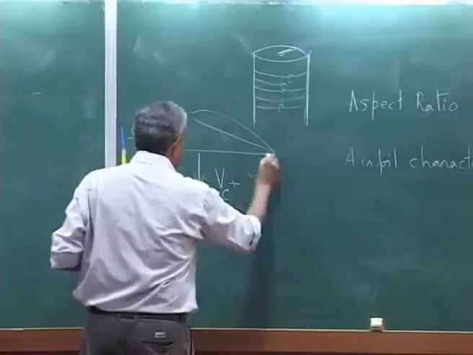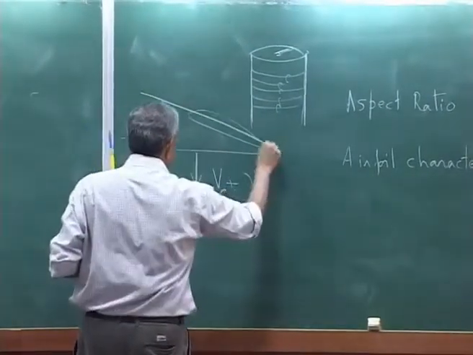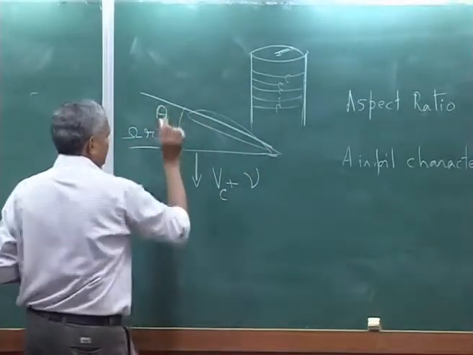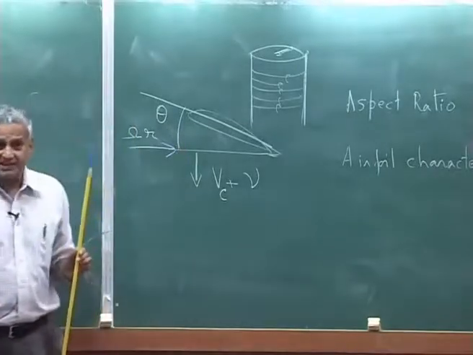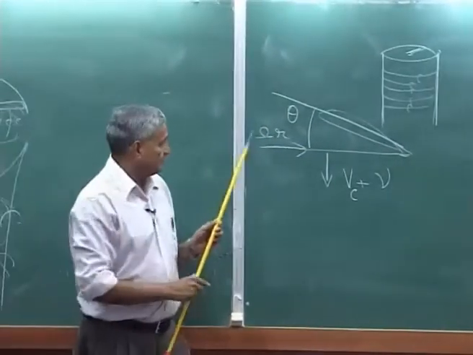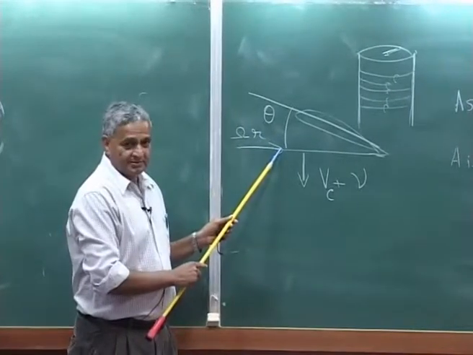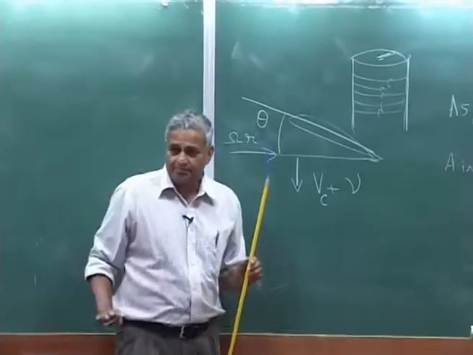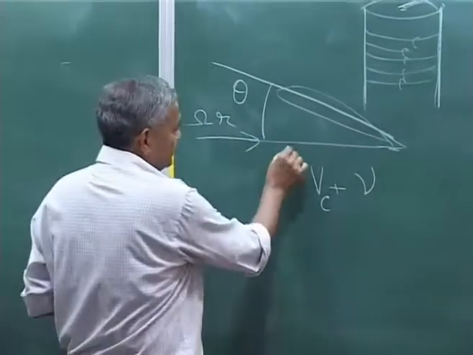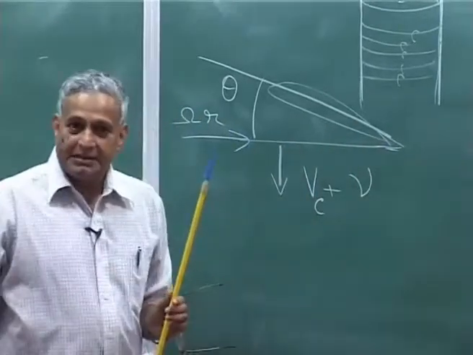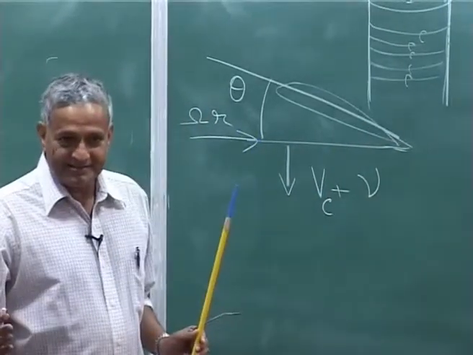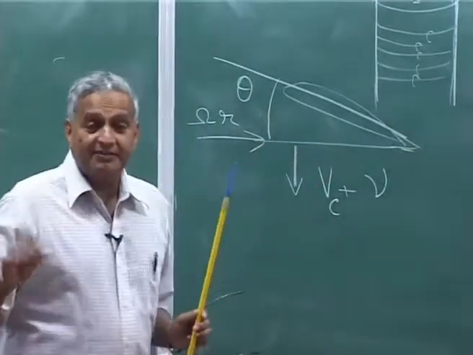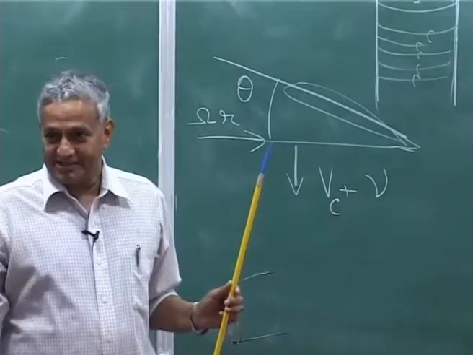Now, if this is kept at a pitch angle theta with respect to the disc, with the oncoming flow, now you can get the relative velocity as well as the effective angle of attack, you can say.